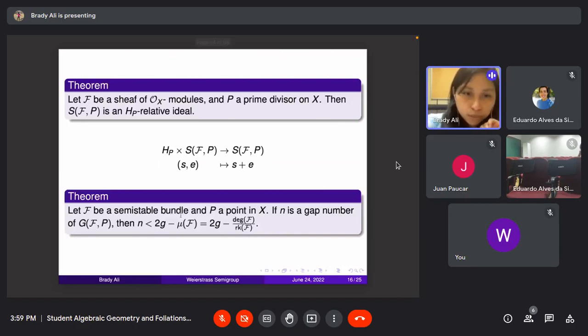We were also able to prove that if F is a semi-stable bundle, then the largest gap of this set of gaps will be less than 2g minus the degree of F over the rank of F. For this definition, we were not able to compute the cardinality of this set. We were only able to see that the largest gap will be less than this number.